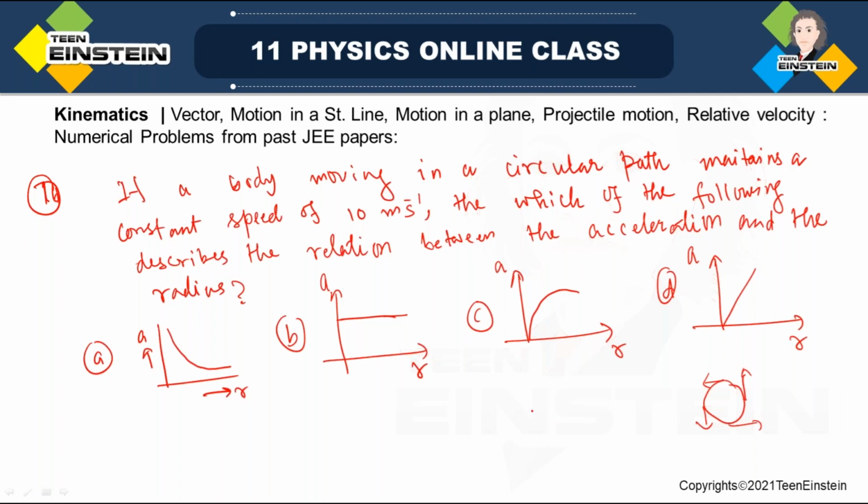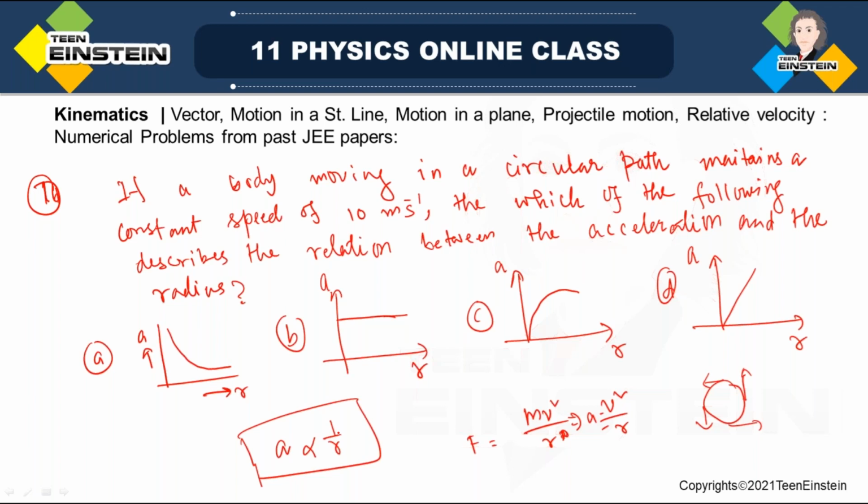The force is m v square by r, so the acceleration is v square by r. So you can understand that a is inversely proportional to the radius. As r increases, the centripetal acceleration will decrease.